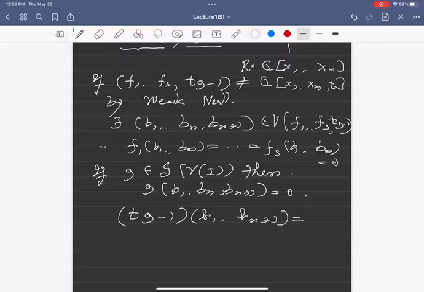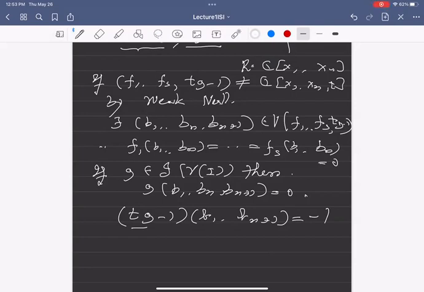Minus 1, right? Because G is vanishing. If G is in the ideal of V, the variety of I, G is vanishing. So this is minus 1, but that is a contradiction.